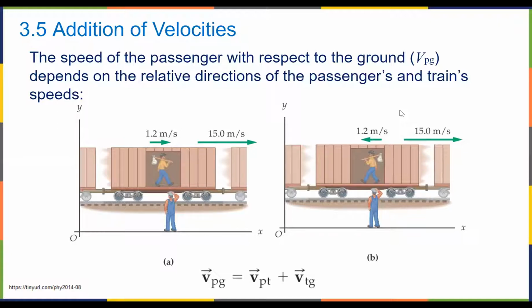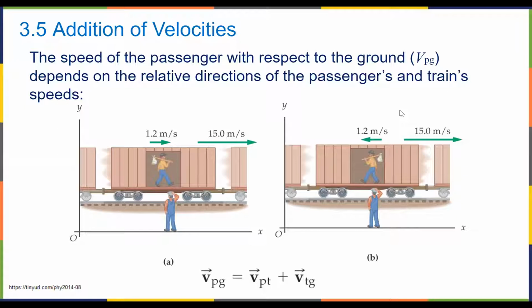In this textbook, V with the arrow is a vector, okay? The subscripts P and G refer to the person relative to the ground. So it's the first subscript relative to the second. And then here is the person relative to the train, and the train relative to the ground.